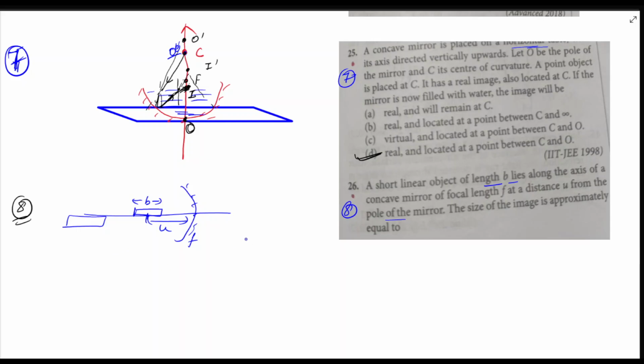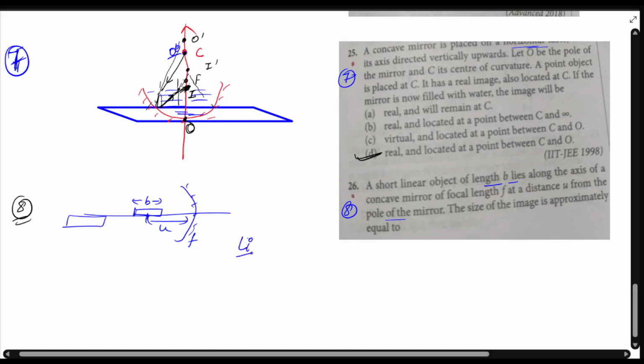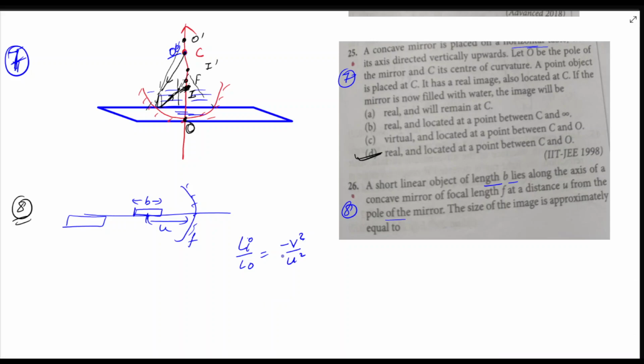So we have to use the longitudinal magnification formula. Length of image upon length of object equals minus v square by u square, right? So let's first find v. Look, all are variables, so you don't have to put the sign of anything.